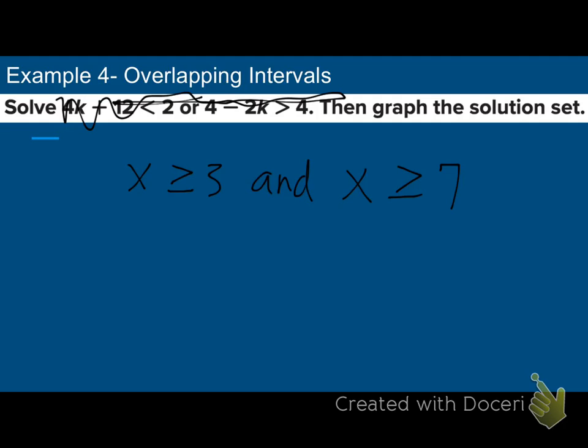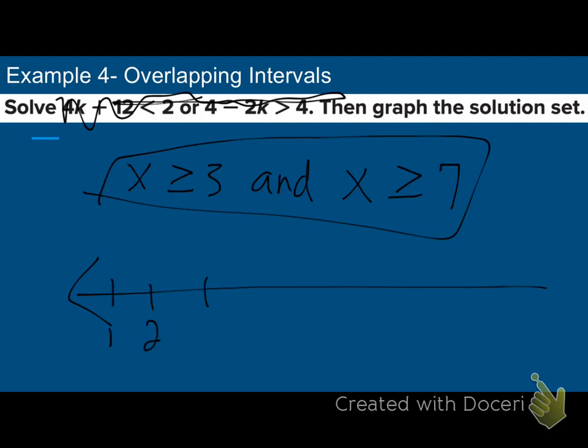Let's say we got that as our final answer. Okay. Open or closed circle on 3? Closed. Once again, I'm going to graph above before I do my final graph. Open or closed circle on 7? Closed.